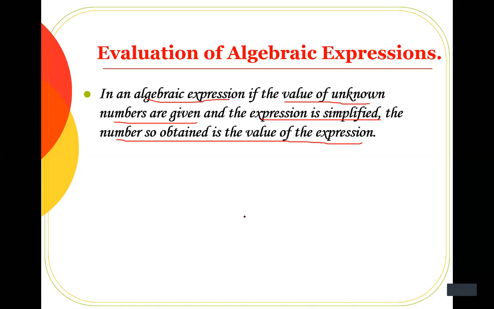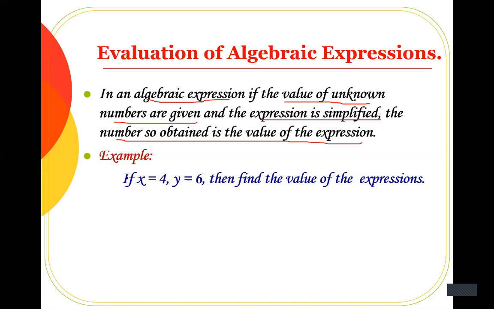For this, let's consider an example. Just suppose x is equal to 4 and y is equal to 6, then find the value of the expression. Here you have an expression where your variable x is added with the variable y.